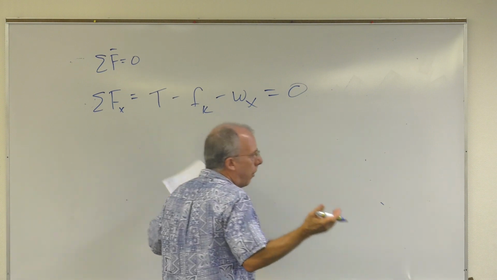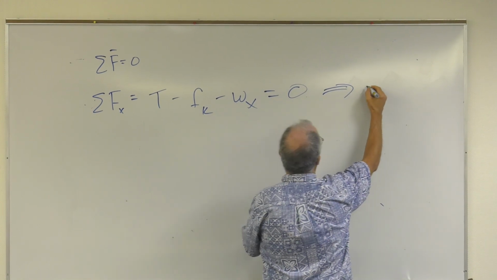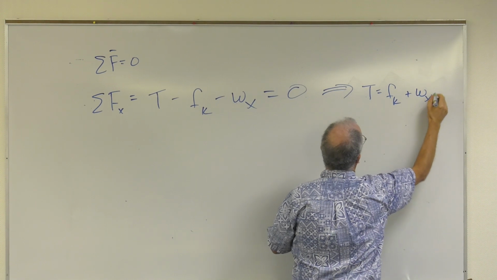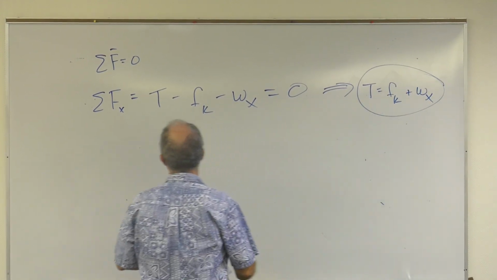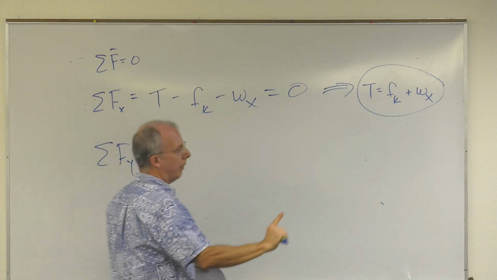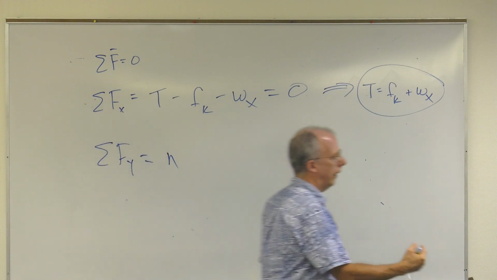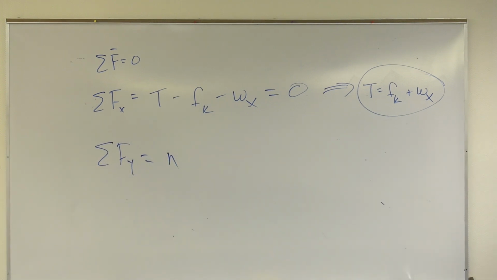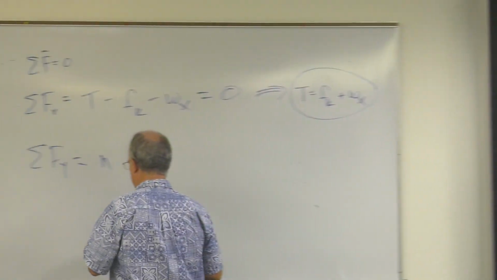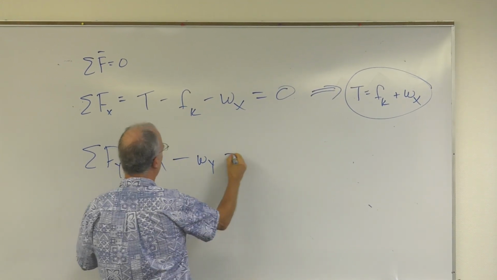Let's just say we wanted to solve for T for whatever reason. So to solve for T, T would equal fk plus wx. All right, let's do the y. Sum of the y forces. Remember, that's positive, that's negative. So we have an n, and now we have this guy. So n minus wy, and that equals 0.